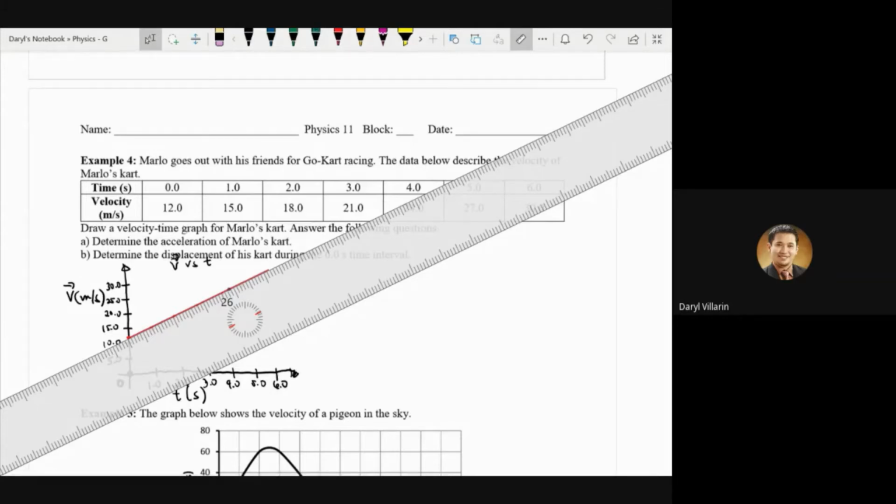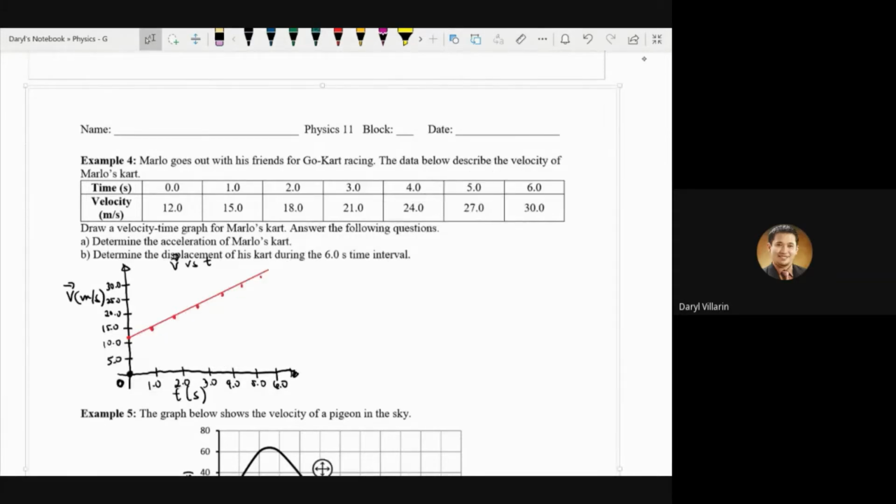This would be my average line. It doesn't have to be a line that hits all the data points. And you can extrapolate to both the lower end and the upper end, so you can place two arrows.